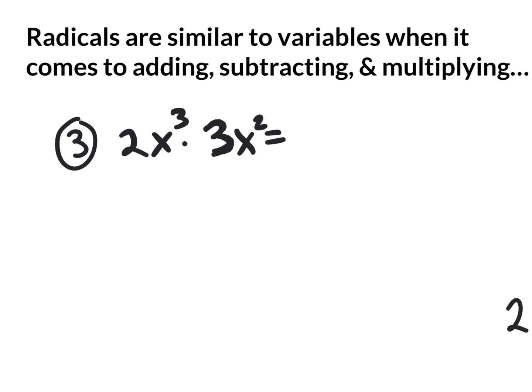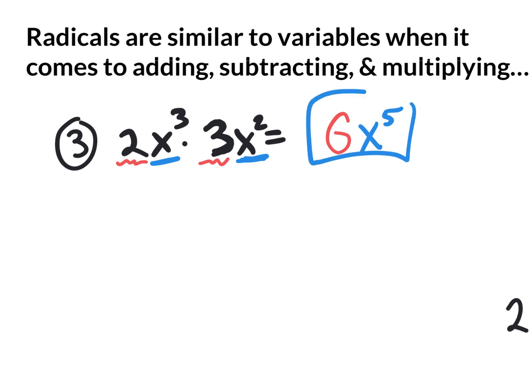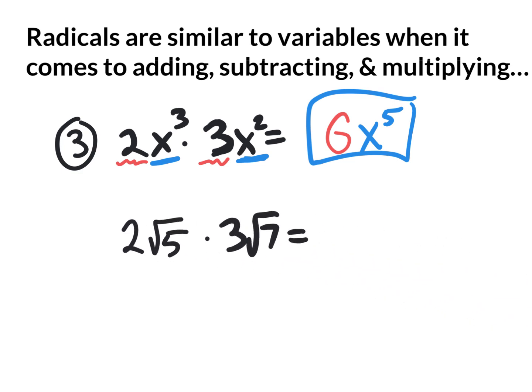Right here, you have 2 times 3, that's 6. And what about x to the 3rd times x to the 2nd? What's that? X to the 5th, Algebra 1 stuff, right? So there's your answer. You don't have to have like terms to multiply. Same thing here. You don't have to have the same square roots to multiply, right? You could multiply the 2 times 3 and get 6.